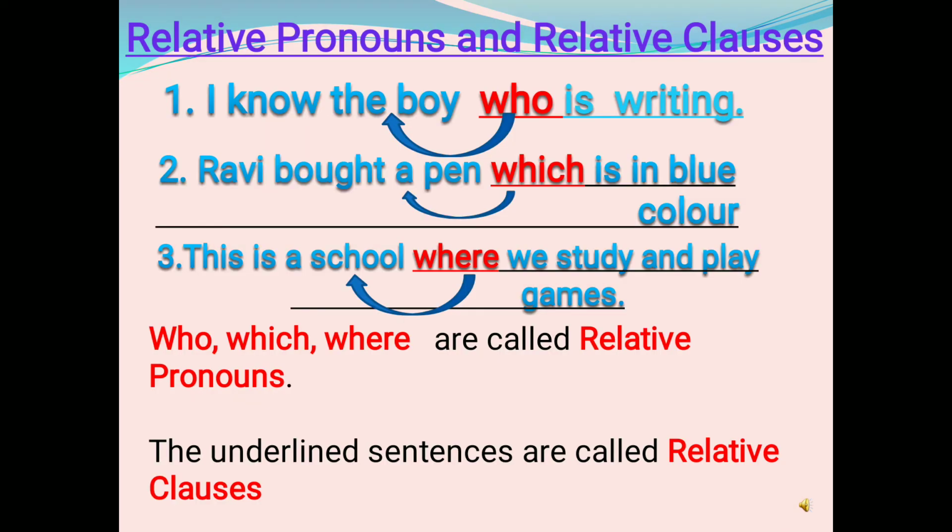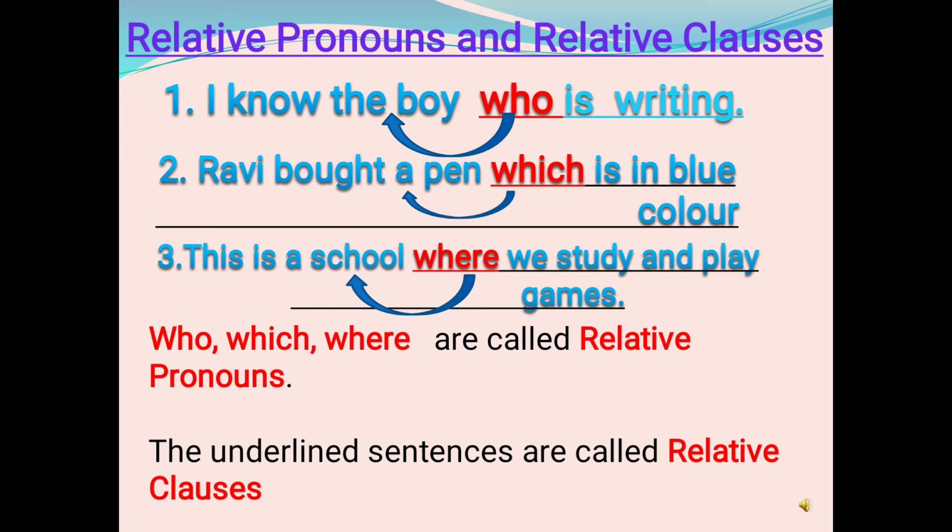Dear students, let us observe these three sentences we discussed in the previous slides. The first one is, I know the boy who is writing. In the second sentence, Ravi bought a pen which is in blue color. In the third one, this is a school where we study and play games. Here the words in red color, who, which, where, are called relative pronouns, and the underlined sentences are called relative clauses.